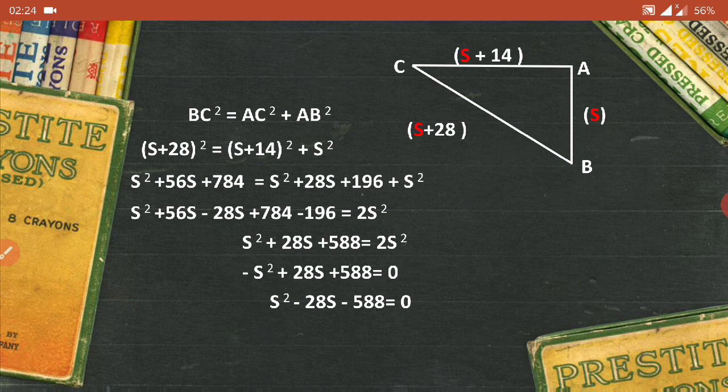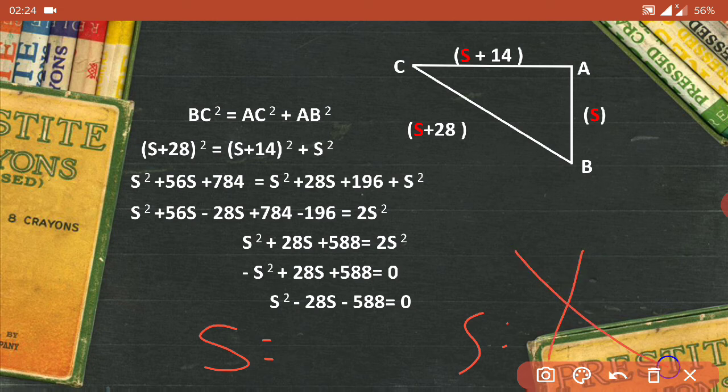a pure quadratic equation. Go ahead, use factorization or the quadratic formula, solve this quadratic equation and find the value of S. Once you have got the value of S, you'll get S is equal to this or S is equal to that. If it is negative, then you have to ignore it because distance cannot be negative.